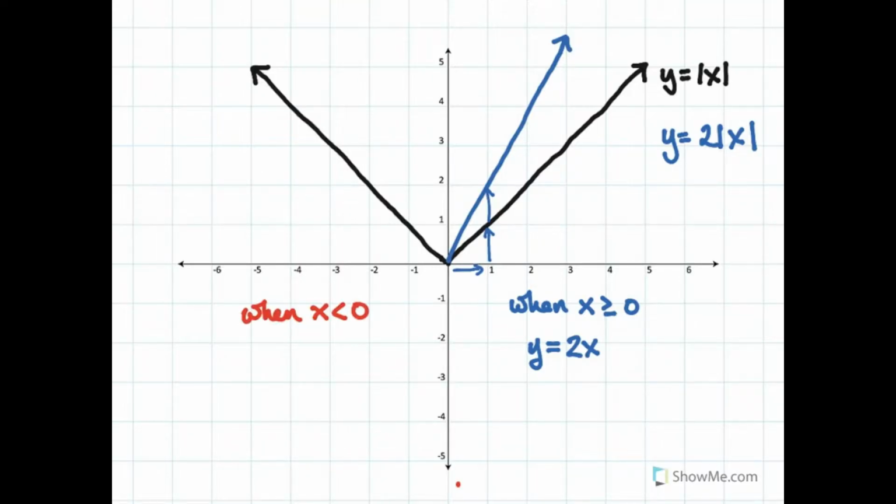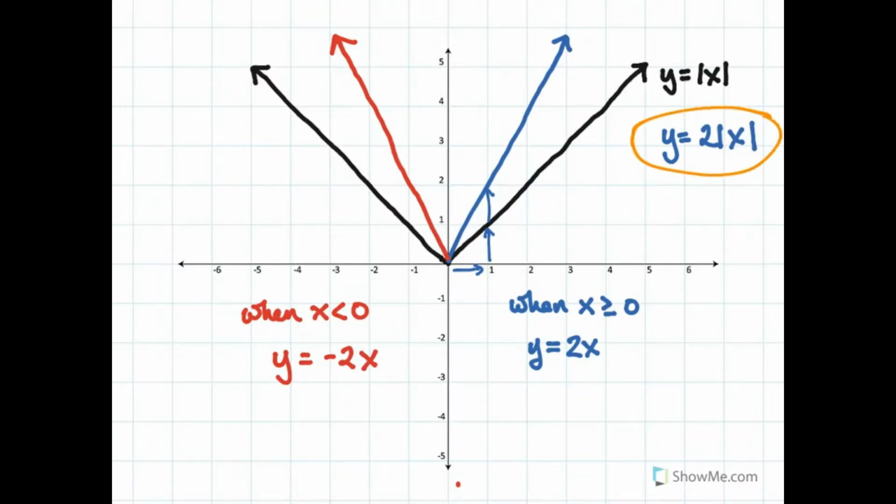On the other side, when x is less than 0, the absolute value is the opposite of the number inside, so this is the graph of y equals negative 2x, which has a slope of negative 2. So the multiplier 2 outside the absolute value gives us the two branches of the V, and the V is more narrow.